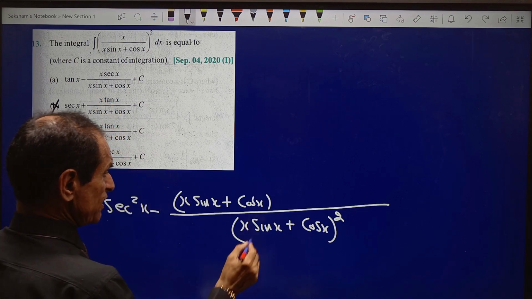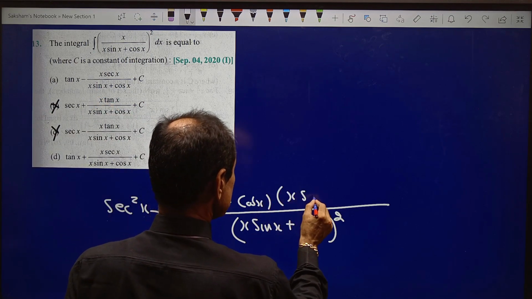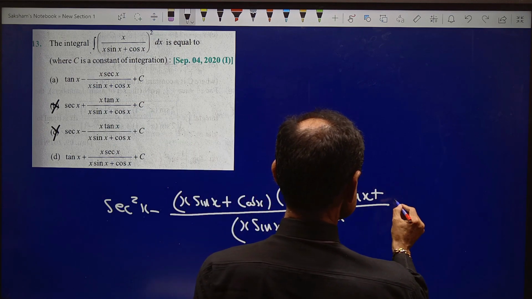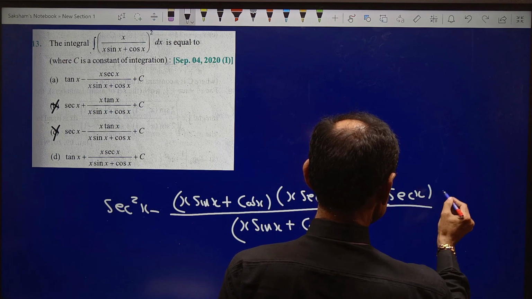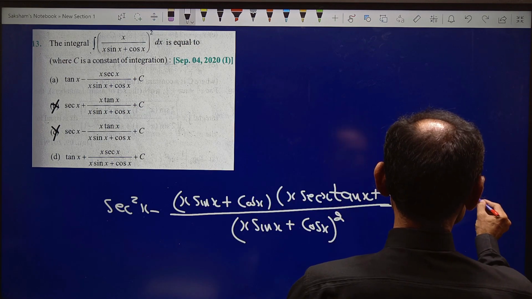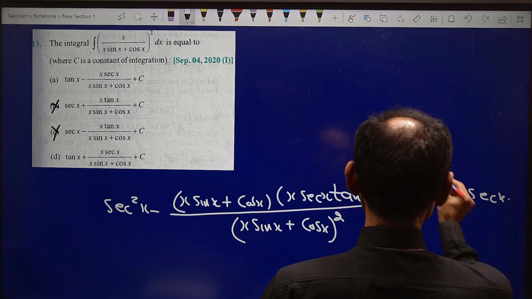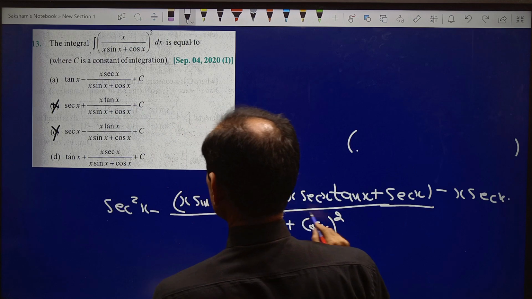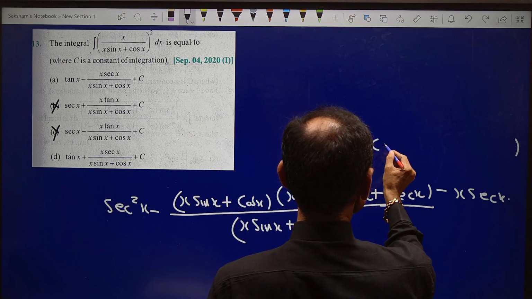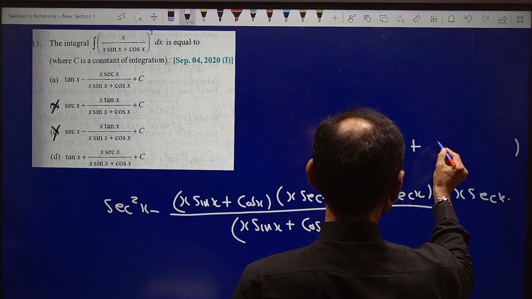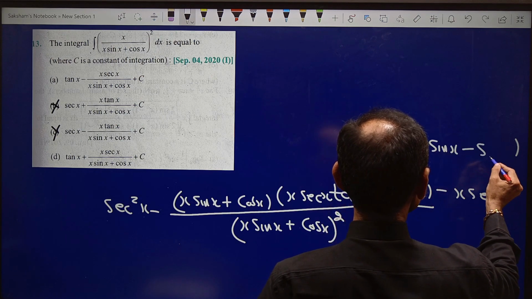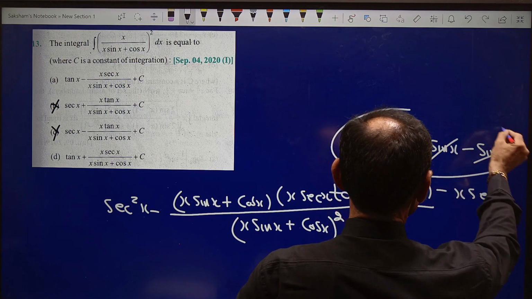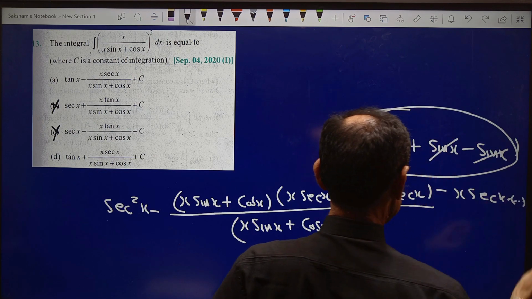The derivative of x sec x is x sec x tan x plus sec x minus x sec x into, here, the derivative of this will be x cos x plus sin x minus this into this. This is here.